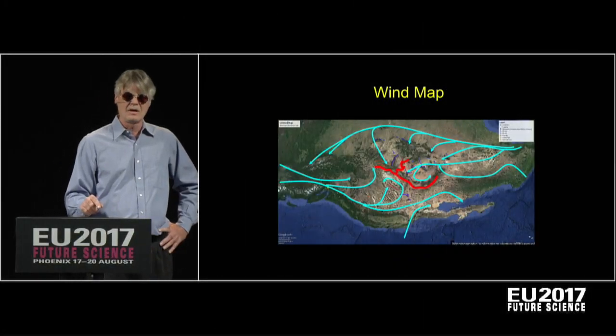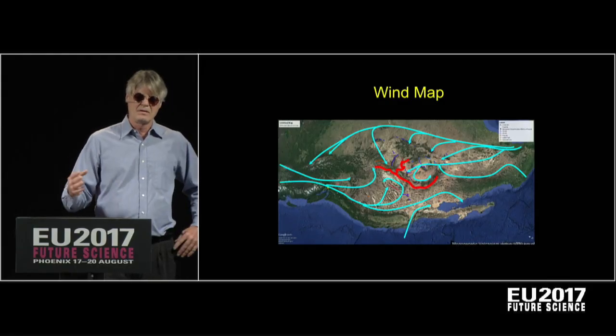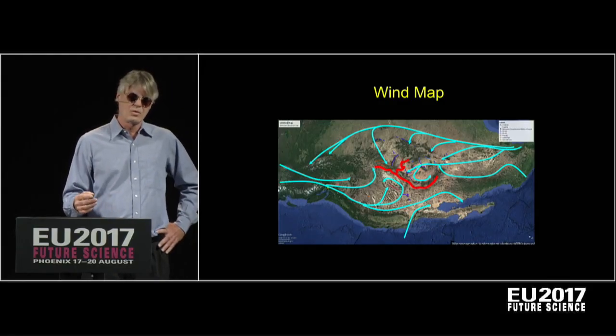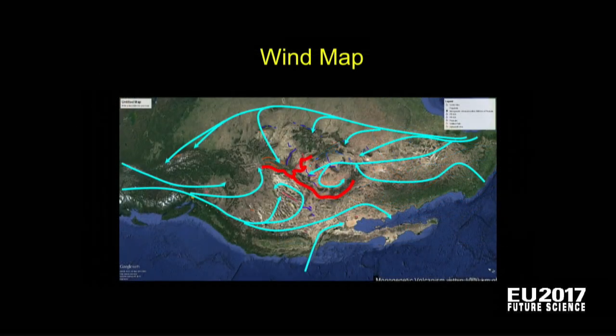So by doing that, I was able to do a wind map for the entire continent, or the orogenic belt portion of North America. And what it shows is that there's two inflowing winds, one from the south and one from the north. And they come in and wrap around in a counterclockwise multiple vortex system. The first wind comes from Mexico, and it wraps around counterclockwise over the Colorado Plateau.